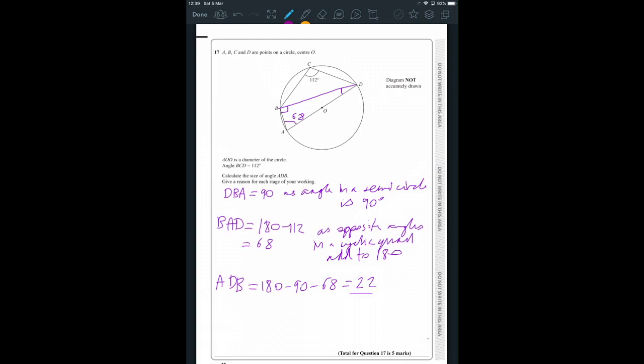Even though that was a simple step, we should still give the reason, as angles in a triangle sum to 180. And that's everything I've done, I've given the reason for.